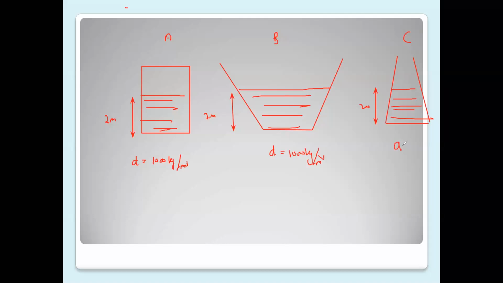And density of C is also 1000 kilogram per meter cube. When you compare the pressure with A, B, and C, what can you conclude about this? Which will exert a higher pressure, A, B, or C?